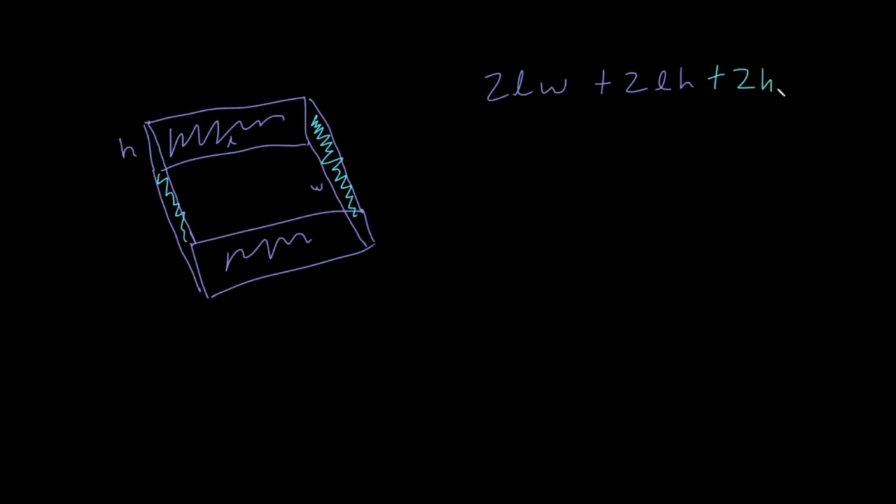See, 2 faces will be LW. Two faces will be HL. So these are the LW faces, these two, like the top and the bottom. And then 2 faces will be LH. They're these two. And then 2 faces will be HW, and they're these two. And a rectangular prism has 6 faces. Are you able to conceptualize that? Does that make sense?